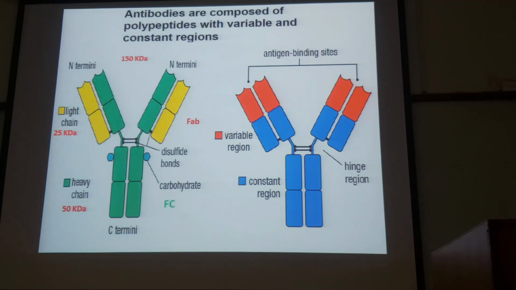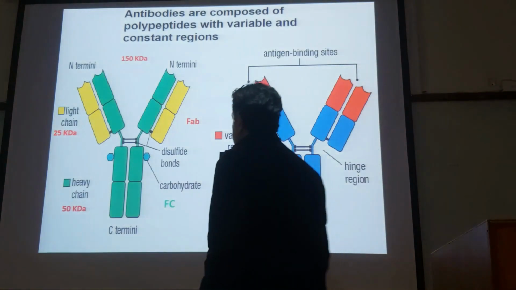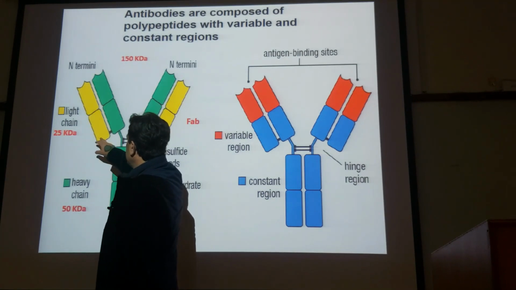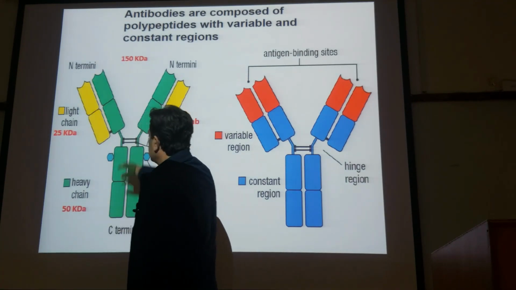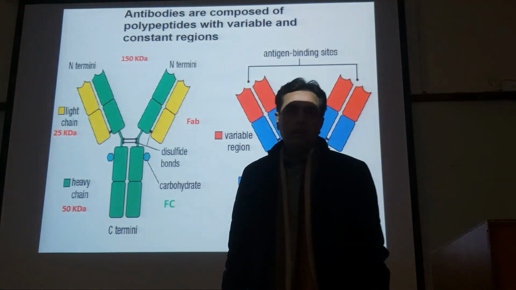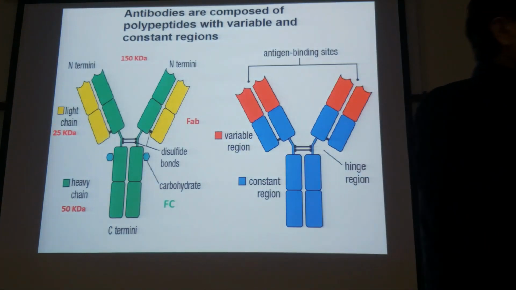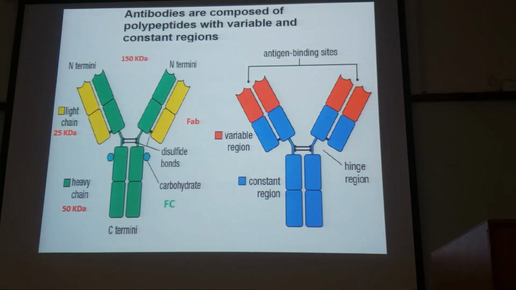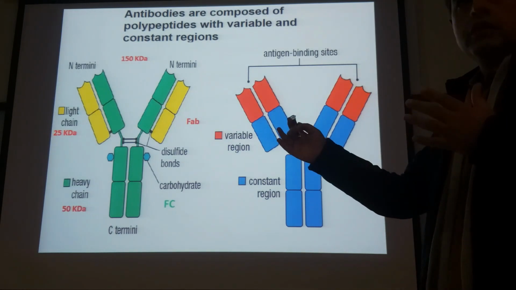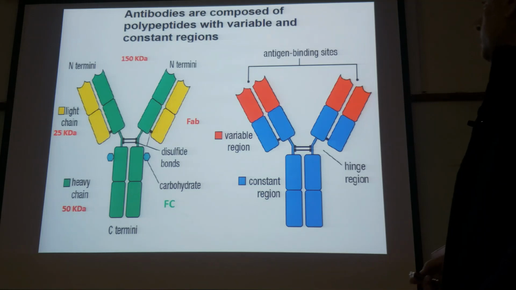The light chains are about 25 kilodalton in size, the yellow one. The green ones are about 50 kilodalton in size. So a typical antibody, like an IgG antibody, would be about 150 kilodalton in size.